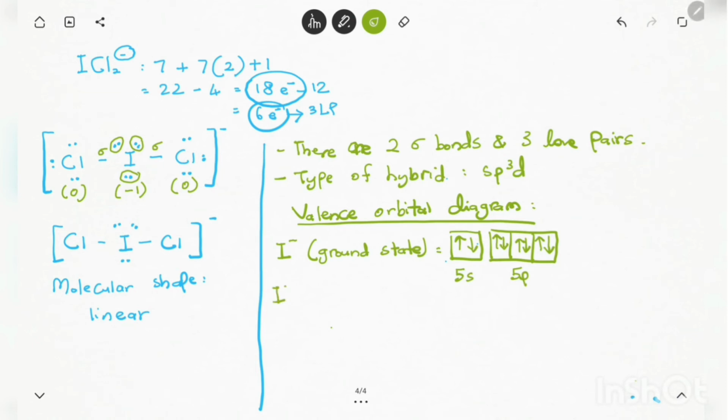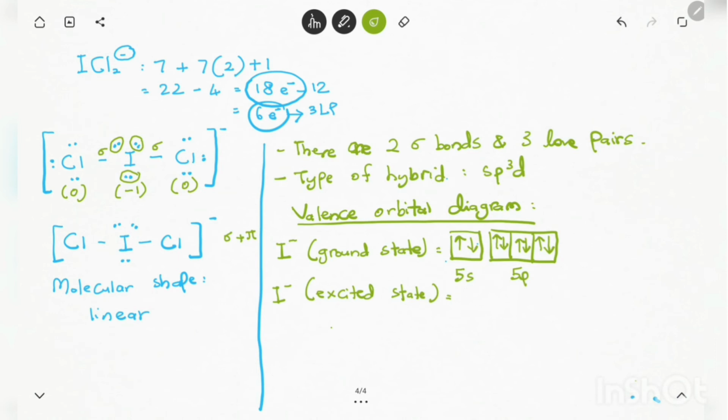How about the excited state? Remember, for the excited state we need to count the total number of sigma bonds and pi bonds. In this case we don't have a pi bond.